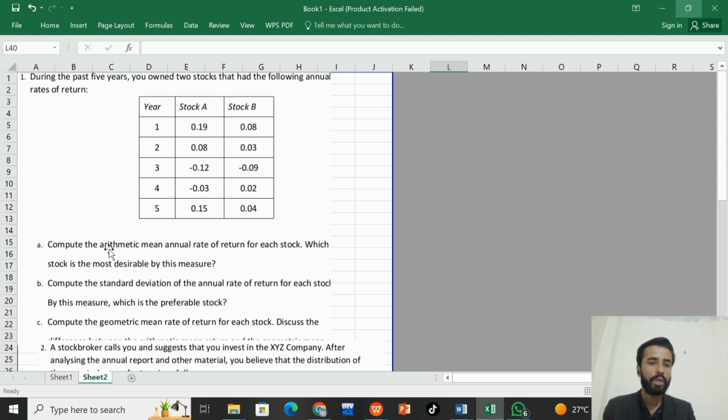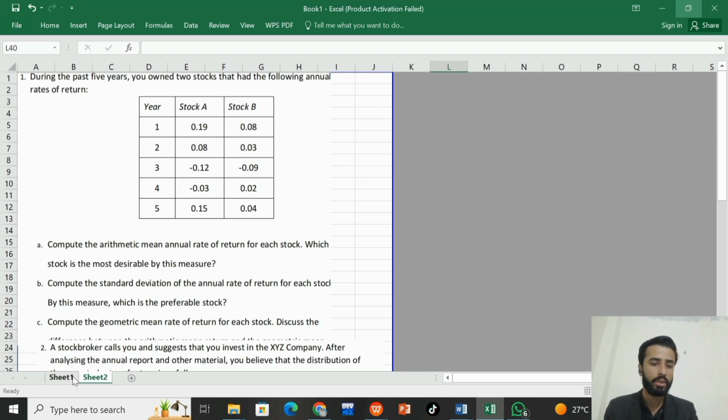And A, compute the arithmetic annual rate of return for each stock. Which stock is most desirable? So basically, compute the arithmetic rate of return for both stock A and stock B, and then we have to suggest which is most preferable or desirable on the basis of arithmetic mean return.